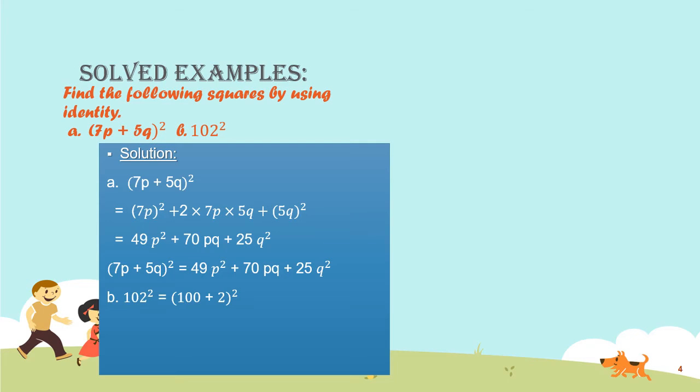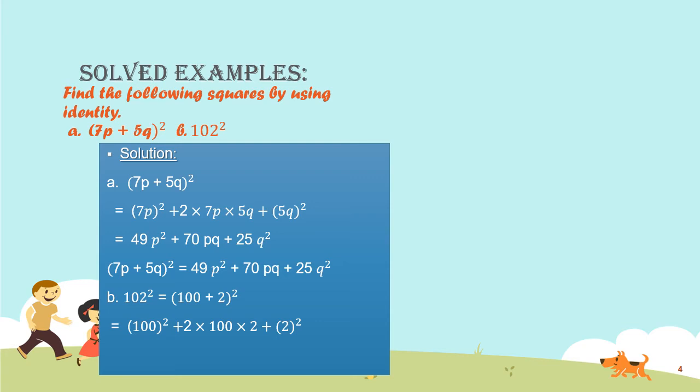Now, how to find 102 the whole squared using this identity? What we do is, we split the number 102 as 100 plus 2 the whole squared. Now, it has been changed to the first identity form, that is a plus b the whole squared. That is nothing but a squared plus 2ab plus b squared.